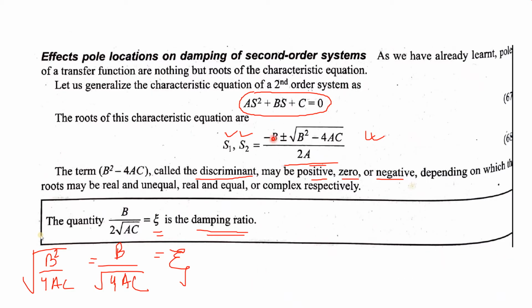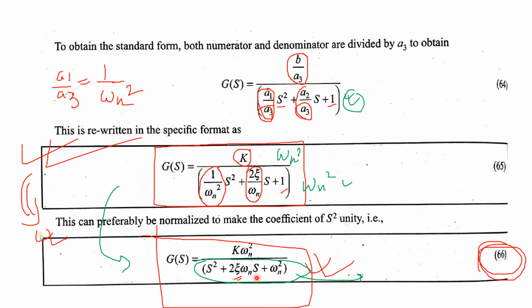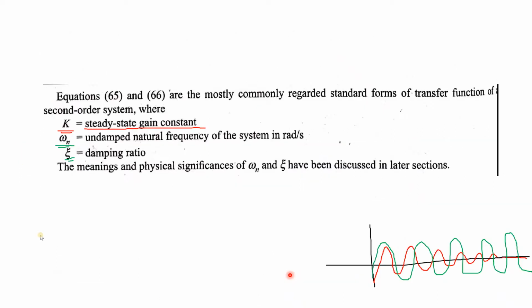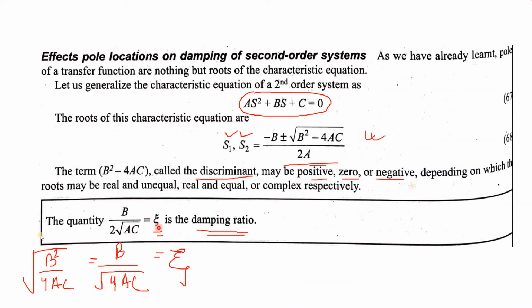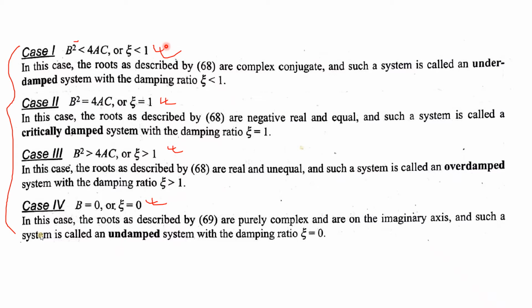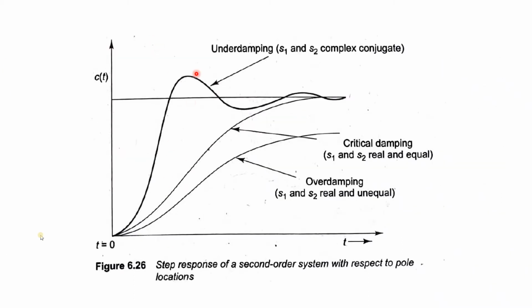If you want to solve this root, you will get the value of b, because if you write this, this is a, this is b, this is c, we all know a, b, c. Depending on that, we get the value of eta. Eta can be less than 1, greater than 1, equal to 1, or 0, because eta is the damping ratio.